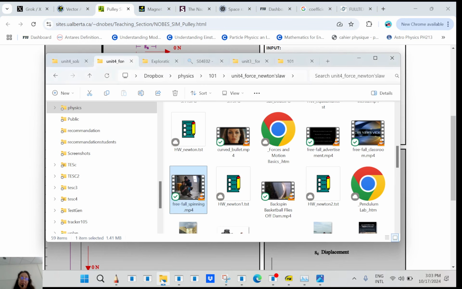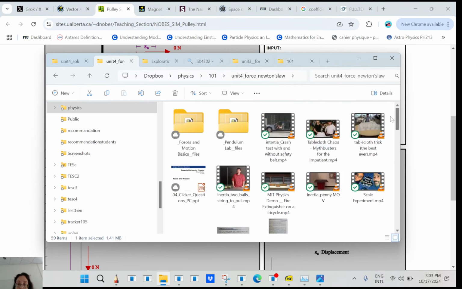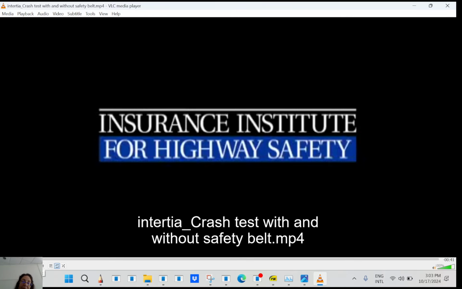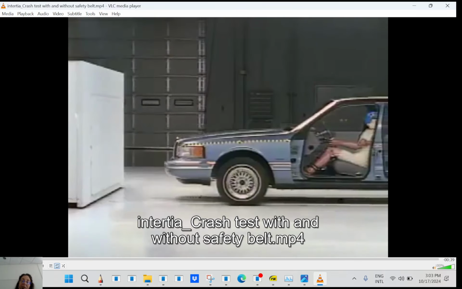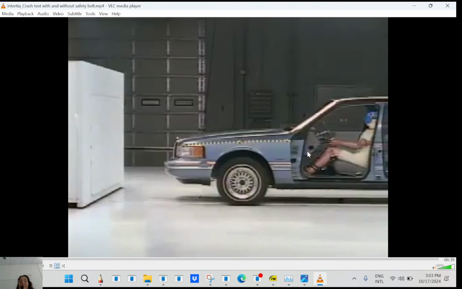So, for example, inertia. That's why you want a seat belt. So you see, no seat belt, the car is going to stop because there is a force acting on it, right? The wall is going to push back. But your body wants to keep going at the same speed in the same direction, and that's how you can damage your neck, right? So that's inertia.